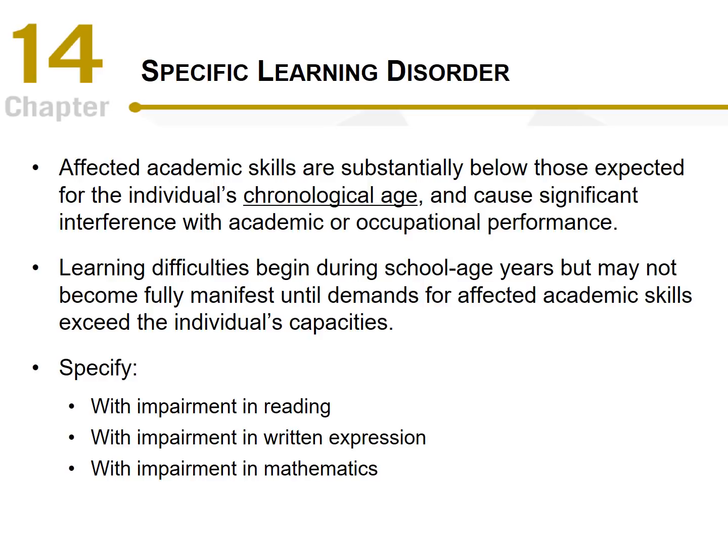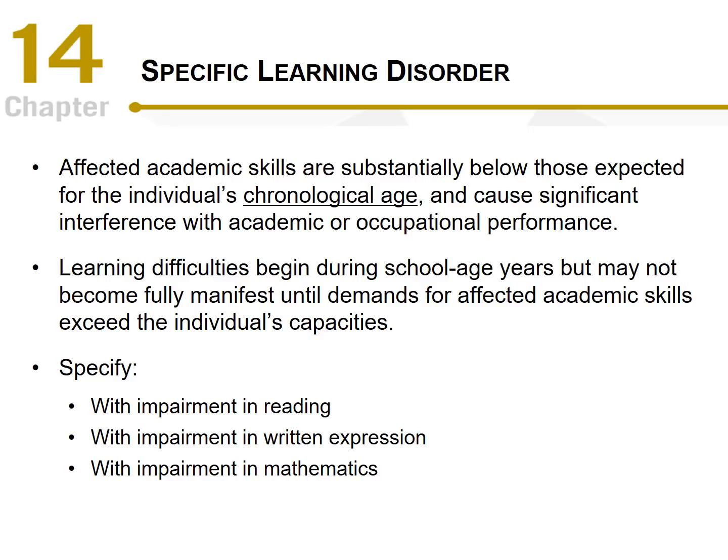So some people who have specific learning disorder, for example, are getting along fine academically. They're struggling a little bit, but they're able to keep up and things like that. And then sometimes when the demands exceed the abilities, that's when you begin to see problems.